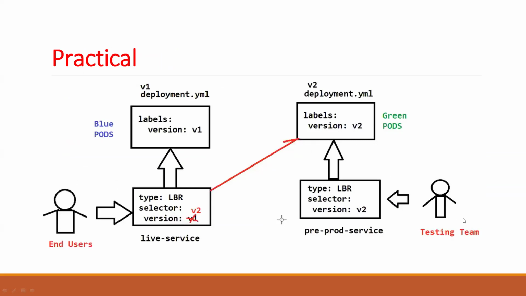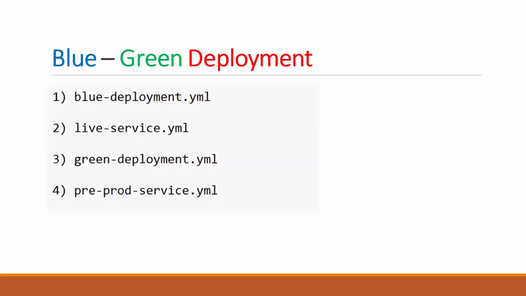The pre-prod service will be tested by the testing team. Once the testing team has tested, we need to make these green pods live. So here the version, right? If you replace the version from V1 to V2, it automatically points to the green. The router points to the green. Guys, understood?